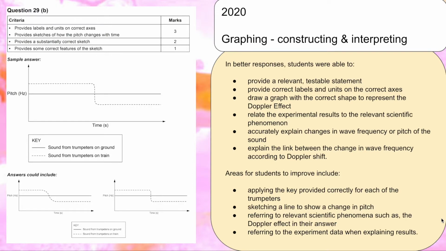Students had to recognize that the pitch from someone next to the trumpets doesn't change, but on the train, it does. So you can have different variations on the graph as long as you have that basic outline of the pitch on the ground remaining the same and the pitch on the train appearing to be different.